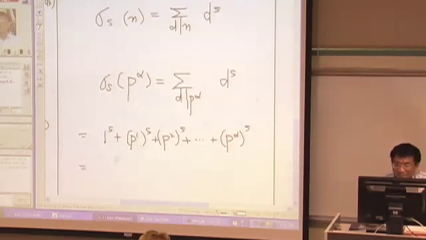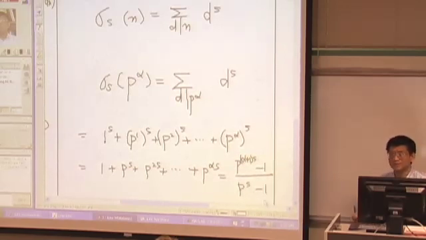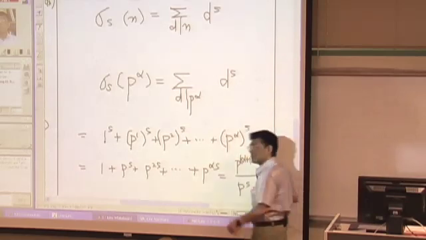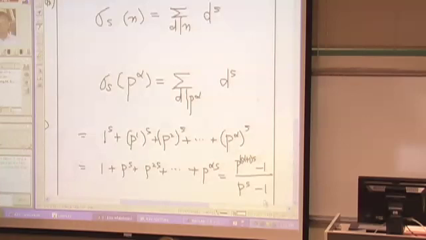As you can see, 1 plus p to the power of s, p to the power of 2s, up to p to the power of alpha s. If we add these things, then p to the power of (alpha plus 1)s minus 1 over p to the power of s minus 1 is the sum, right? So the geometric sum can be calculated.